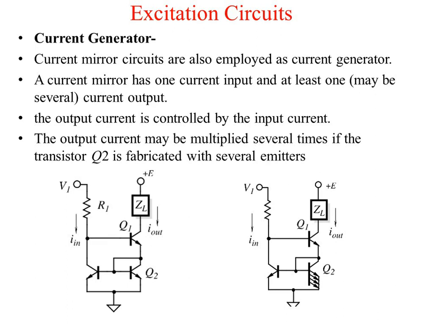So I out is equal to, here it is 4, so 4 times I in. So you will be getting a multiplied current. So current multiplication is also possible, and obviously you will be getting a stabilized output. Okay.